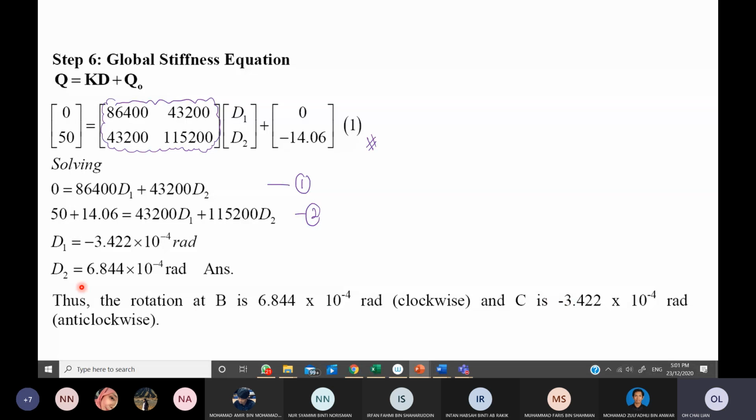And D2 is the rotation at B, and it is positive, therefore it is clockwise. You must remember that you are measuring rotation, so the unit must be in radian. If you are measuring vertical or horizontal displacement, your unit will be in meter.